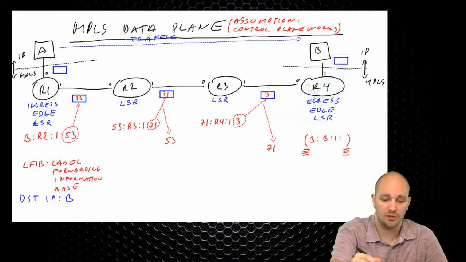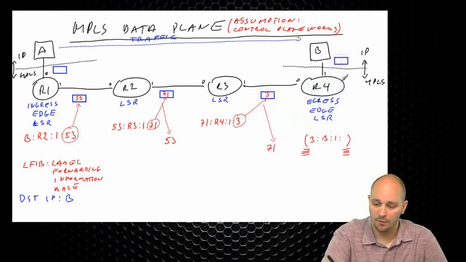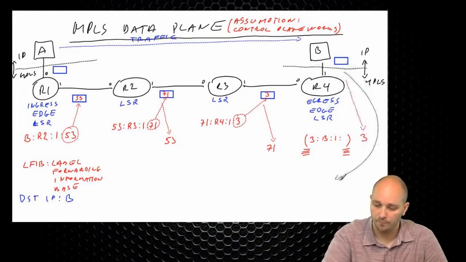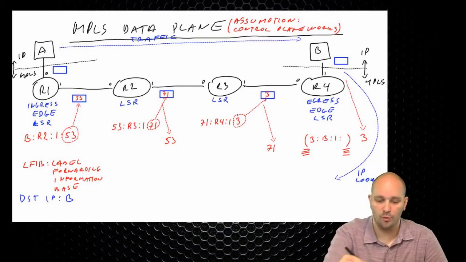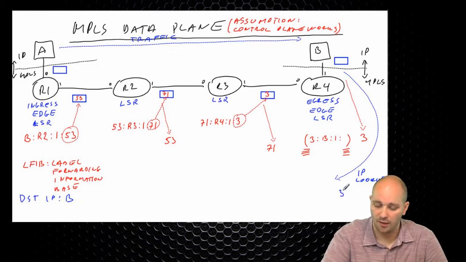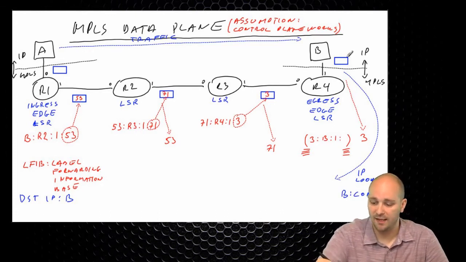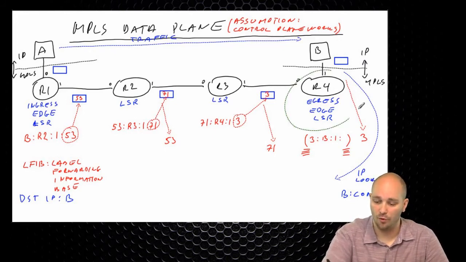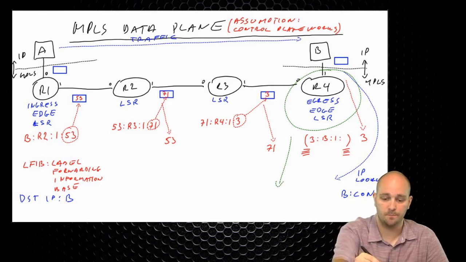Basically, we have now information that this label 3 needs to be dropped out of the packet, and then we actually need to perform an IP lookup to see what to do with this packet. And here we have information that B is directly connected route, for example, and only then we can basically send the packet out. So at this point here, at the point of R4, we are doing two operations.